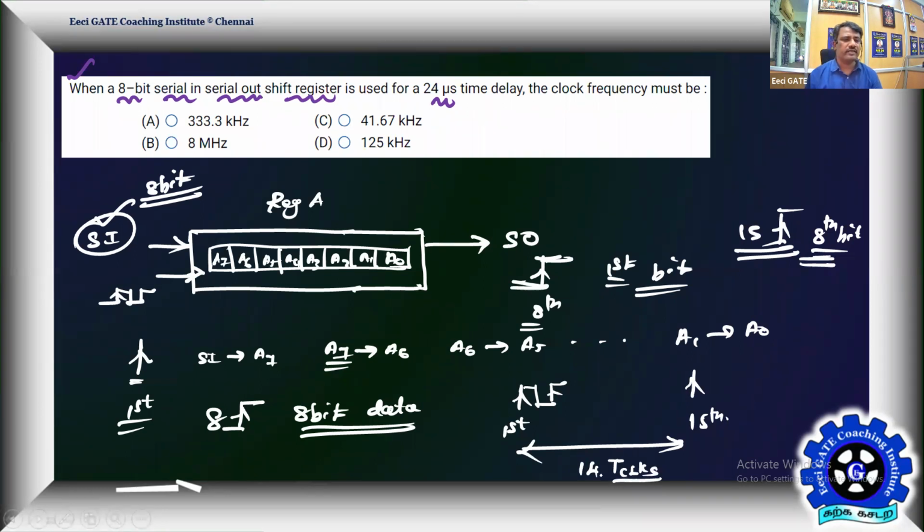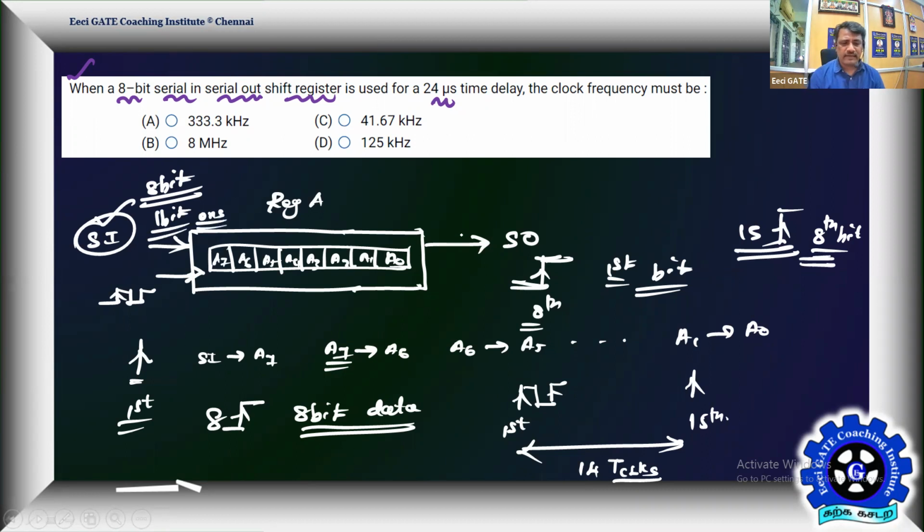Actually, it is an 8-bit serial in, serial out. Any mistake committed will propagate. The net delay is given: a 24 microsecond time delay. So first understand how we need to connect. The first bit is given at 0 nanoseconds.